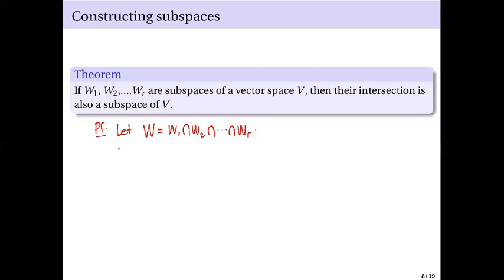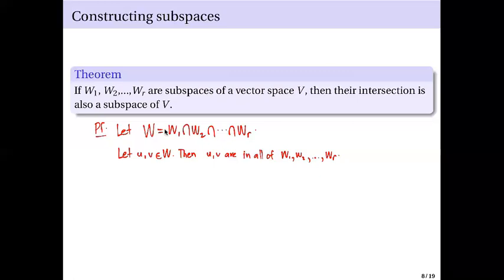Okay. So let U and V be elements in W. So you get two elements in the intersection. Then this means U and V are in all of W1, W2 until WR, right?